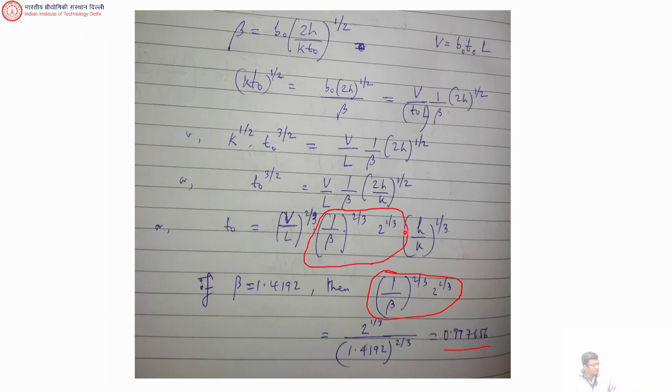That one is just a number, and fortunately for us, it turns out to be something like 0.997656, so this is like 1. That's why I said that the expression I showed in the previous slide has a coefficient, and this coefficient is almost equal to 1. So this T naught, the optimized value, is just this.